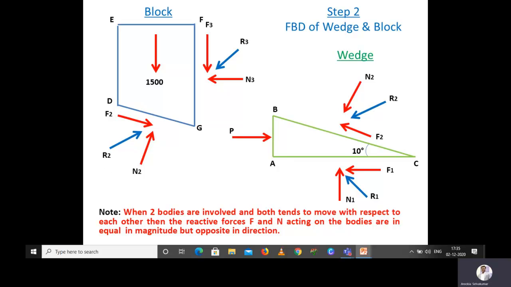So now we are going to find the minimum horizontal force with this free body diagram. We know that in the wedge we are going to consider only three forces, that is P, R1 and R2. Similarly, in the block also we are going to consider only three forces, that is 1500 Newton, R2 and R3. Anyway, we will solve one by one.